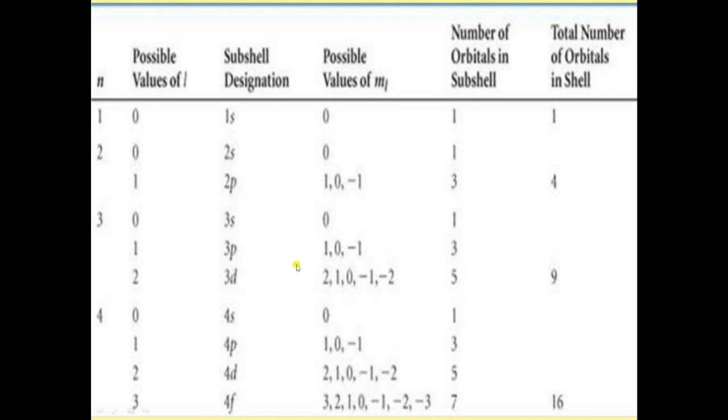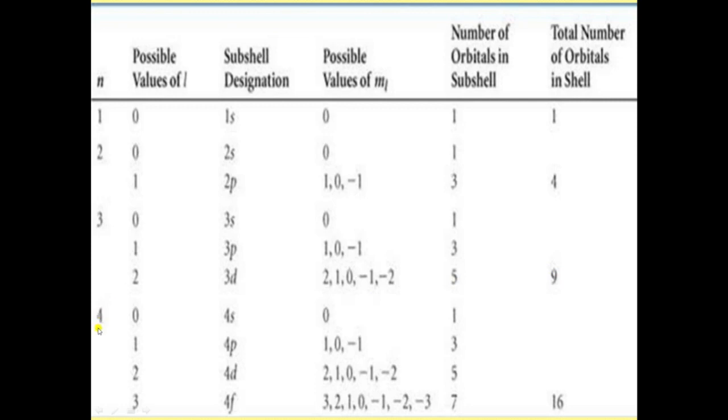For 1 we will write 1, 0, minus 1. For 2 it is 2, 1, 0, minus 1, minus 2. 5 values are there. That means 5 orbitals are present in 3d. So in the third shell you will add these orbitals, 1 plus 3 plus 5 is equal to 9. That means 9 orbitals are present in the third shell.